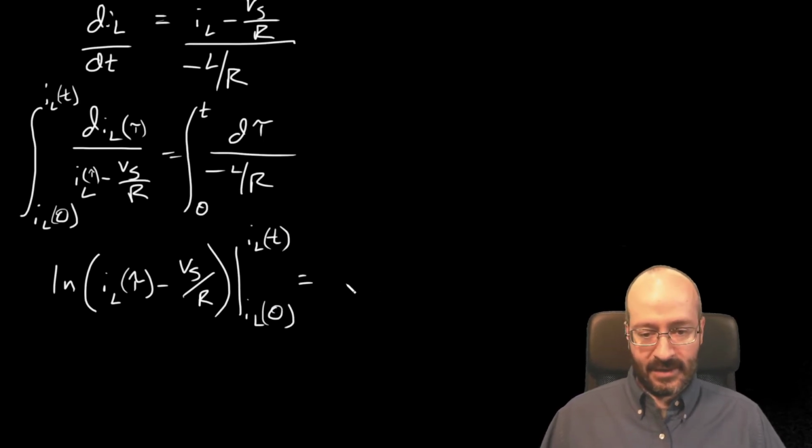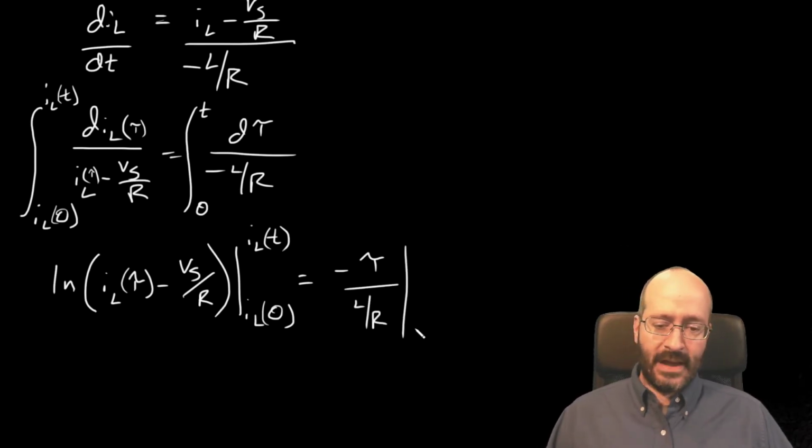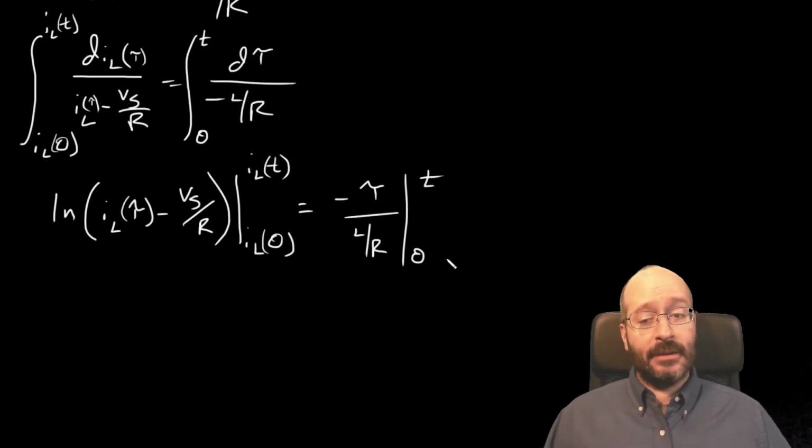Okay, that's the left-hand side. Over here we have negative tau over L over R, and we're evaluating that from 0 to t. Should look awfully familiar. We just have a couple different variables in different places.